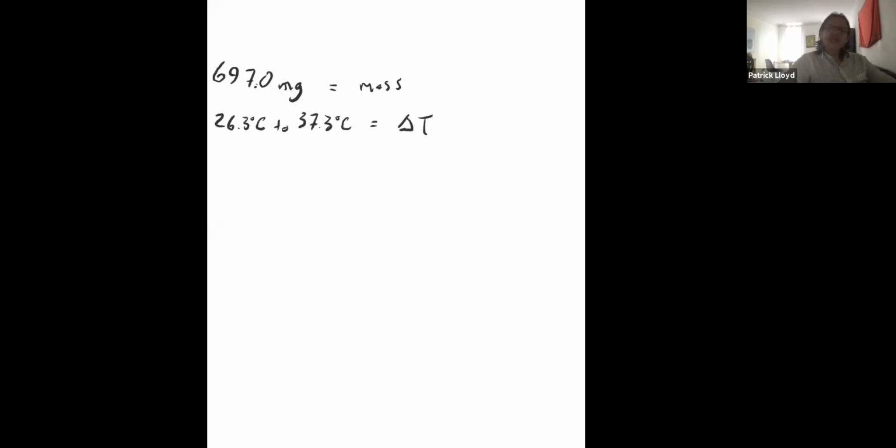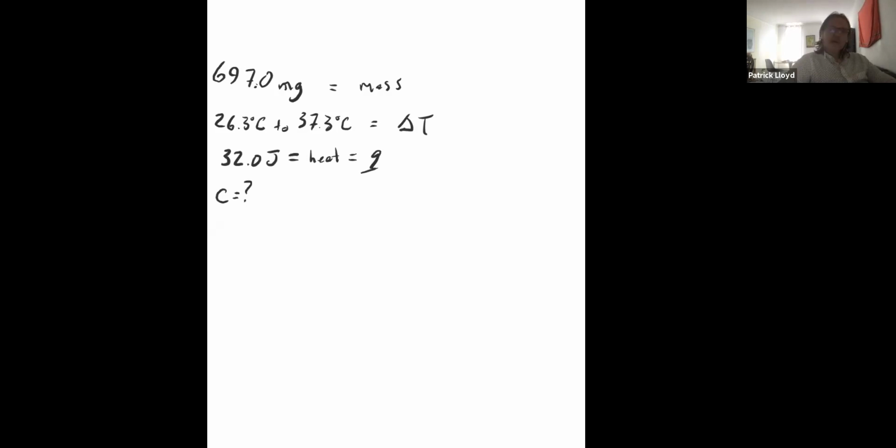That's your change in temperature. Now, we'll go over what the numbers are in a moment. And then it says the experiment shows that 32.0 joules of heat is actually required to do this. What is the specific heat capacity?